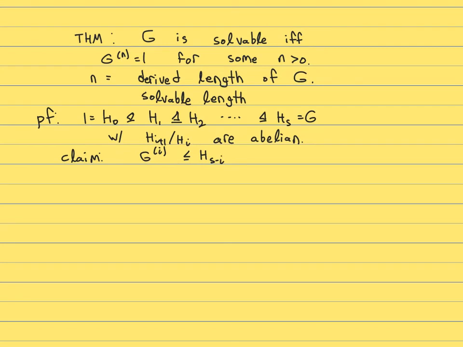So this actually tells you that any chain that you could get for a solvable group with this feature has a nice property that it's related to the derived sequence in this way. I should put the for all i quantifier here, of course.